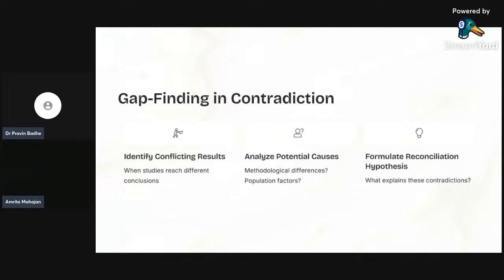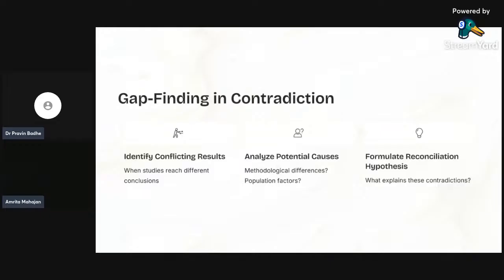So next is gap finding in contradictions. First, identify conflicting results. Look for studies with different or opposite conclusions. For example, one study finds a drug is effective, another says it doesn't work. This is how results conflict.